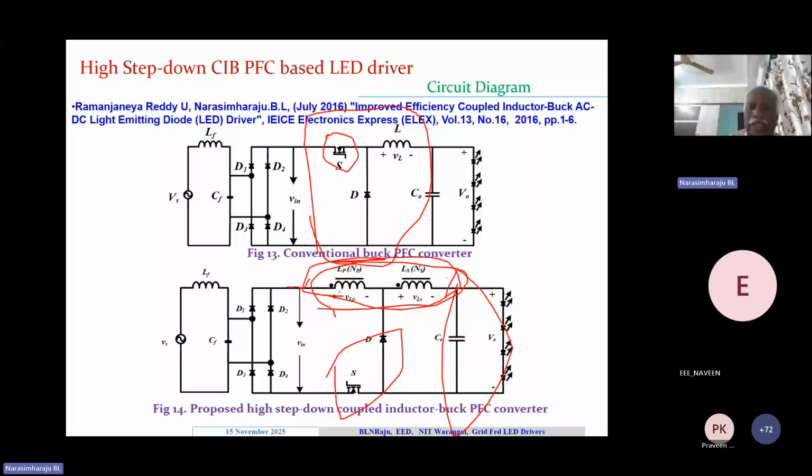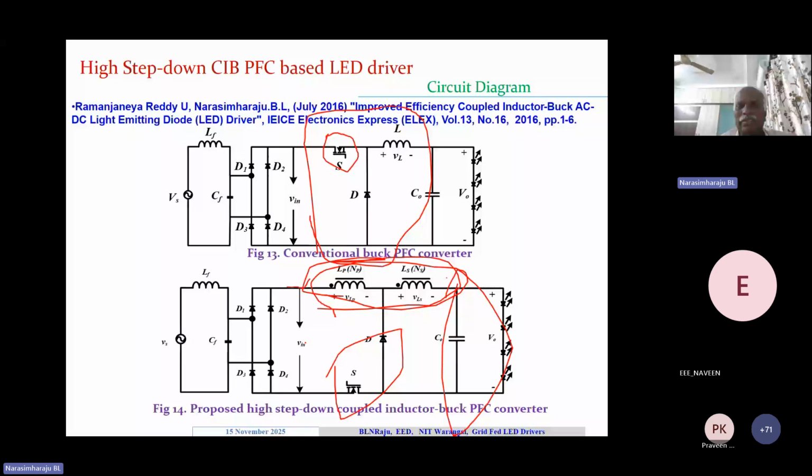But at the same time we can gain the best advantage of the step down conversion from the DC link voltage to the low output voltage required for this LED driver, the LED lamp. So with a simple idea and no further additions, that is the improvement.